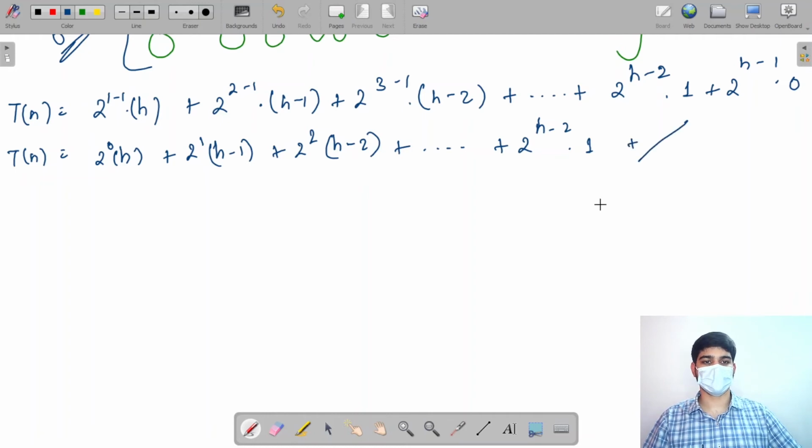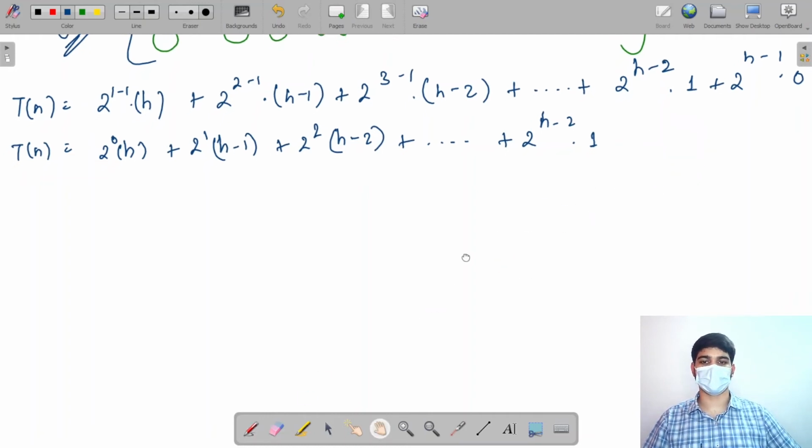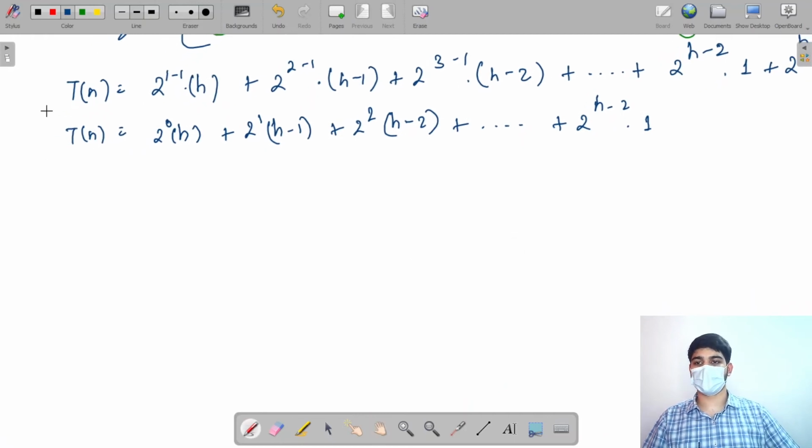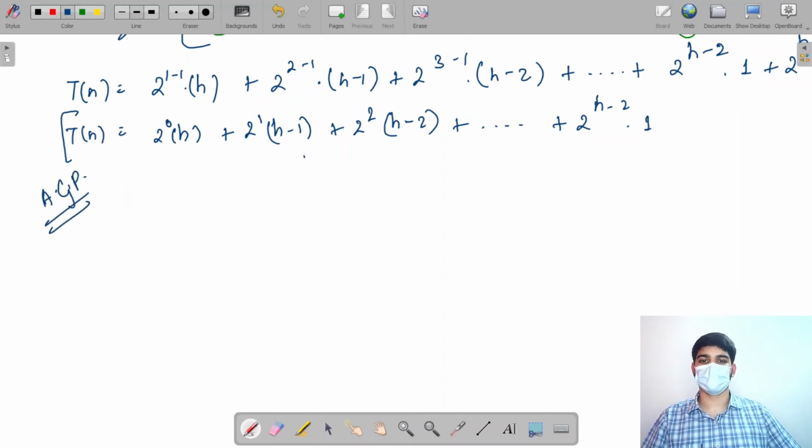So I can discard it, as we are multiplying it with 0. So this is our total time complexity, and this is my AGP. If you look closely, we are adding on some values and we are also having factors of 2. So how do we solve this time complexity?